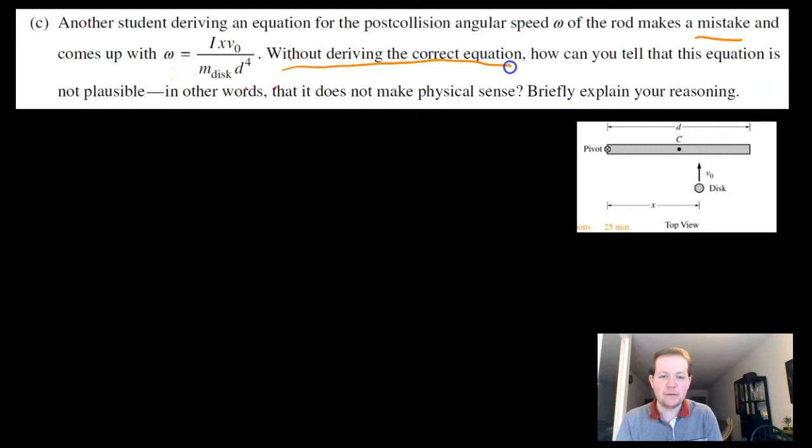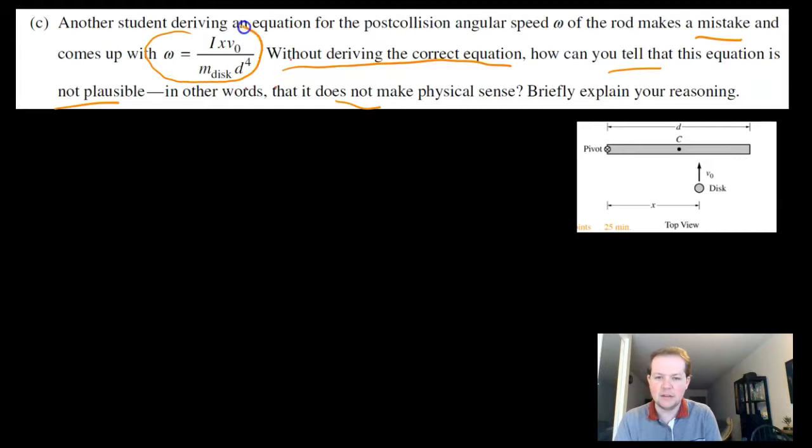Without deriving the correct equation, I'm not doing any math to derive the actual omega, how can you tell that this equation is not plausible? In other words, that it does not make physical sense. Briefly explain your reasoning.